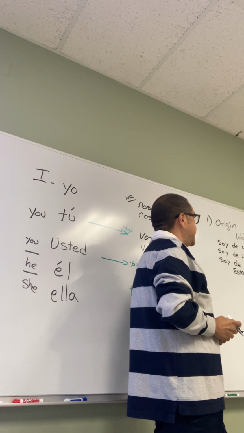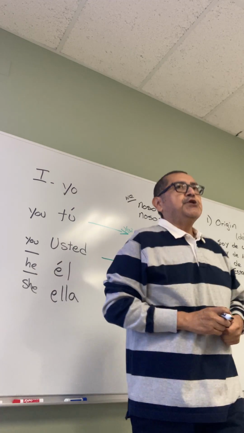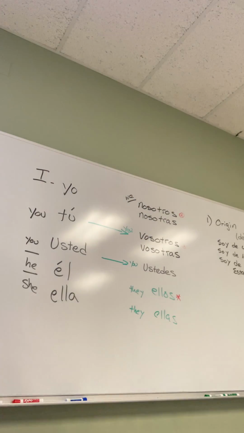Soy de los Estados Unidos. What do you think? Estados Unidos in inglés? United States, yeah. Obviously, if you're traveling, you know. I'm from the United States. Soy de los Estados Unidos.